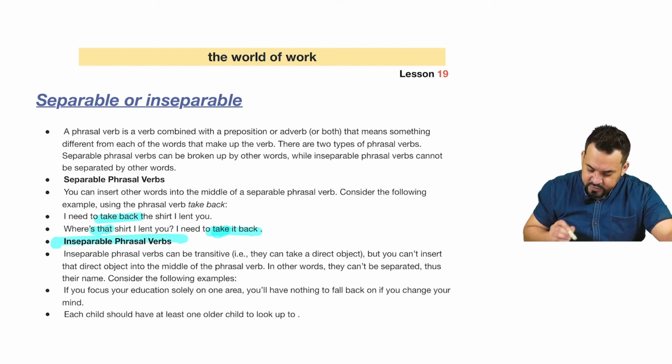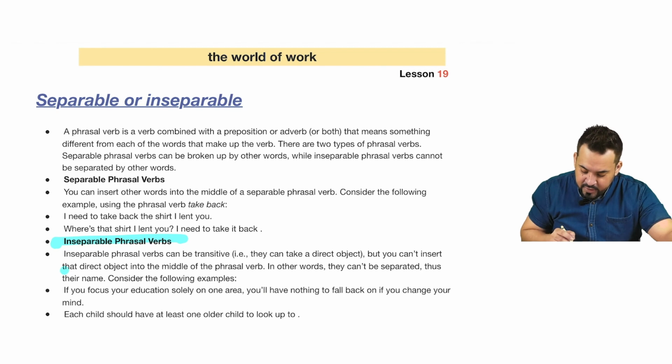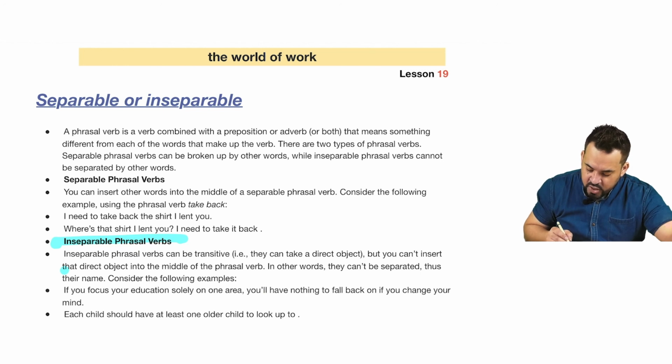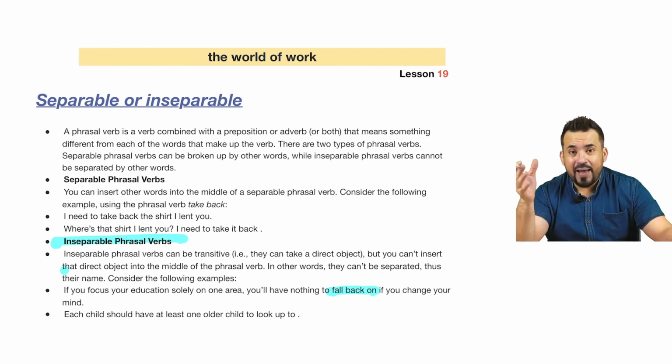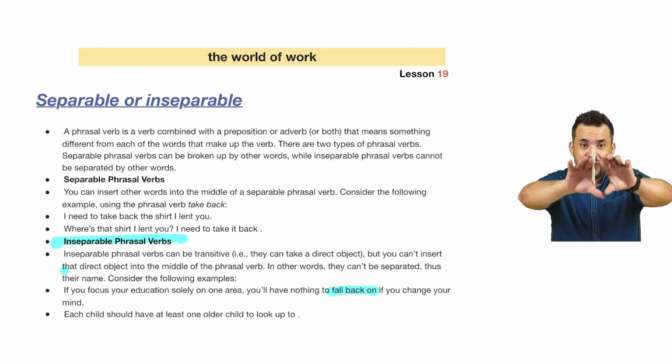Inseparable phrasal verbs. Now, with these guys, we cannot separate them. They have to come together. For example, if you focus your education solely on one area, you will have nothing to fall back on if you change your mind. So fall back on is a phrasal verb that cannot be separated. It has to come together.